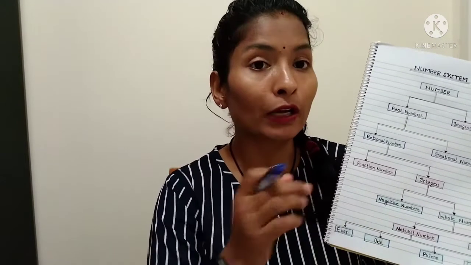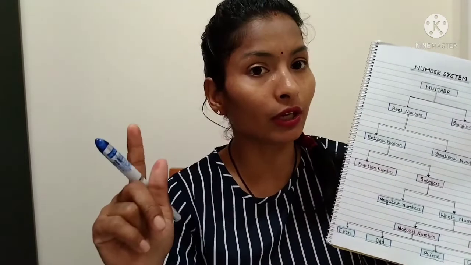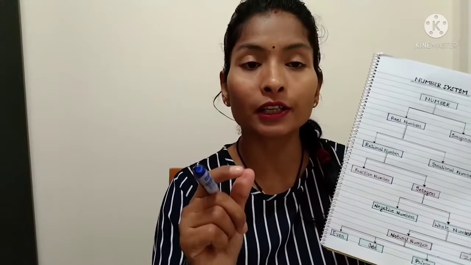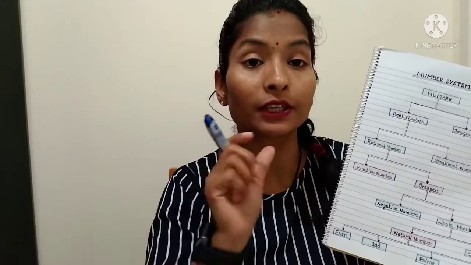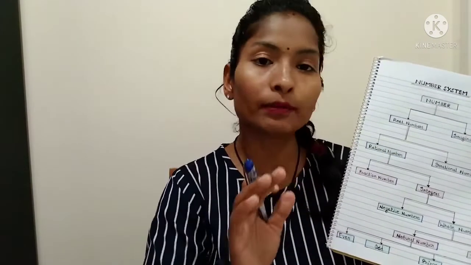In fractions, the values of a and b are always natural, and in rational numbers, the values of a and b are always integers. Natural numbers are always positive, but integers have both positive and negative. So rational numbers are both positive and negative. For example, -2 upon 3, 4 upon 8, 6 upon 3, -5 upon 7. All these are called rational numbers.